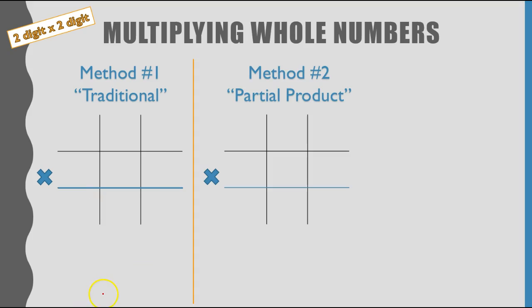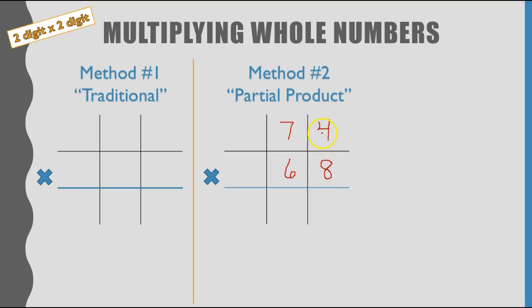Let's look at it by using the partial product. So same numbers, 74 times 68. Okay, remember we're going to really think about what place value those digits are in.